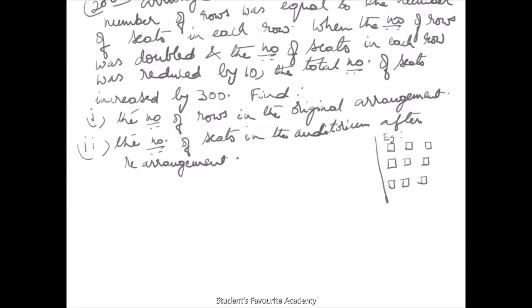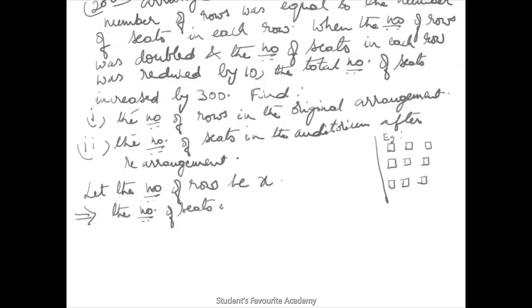So now in this case, let the number of rows be x. So this implies the number of seats in each row is also x. That is how it was in the beginning.